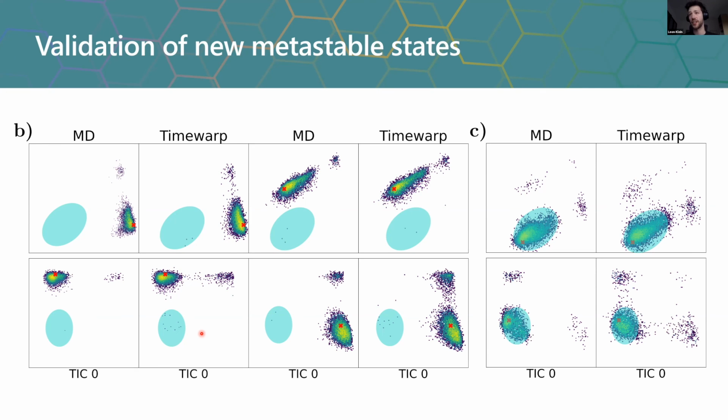No, it's again many short trajectories. All are started at this point, and then we always report the last point of these trajectories. But here you now start in the metastable state. Exactly, found by one of these previous short MD trajectories.